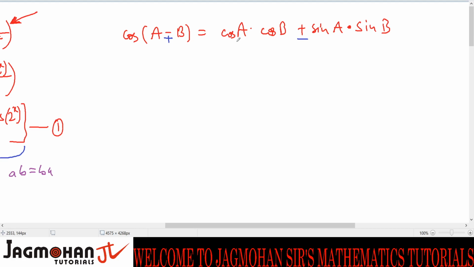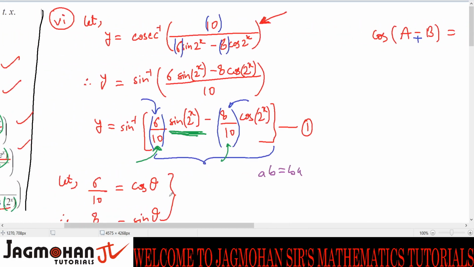So what do we see here? That in order to get the cos formula, we should have both cos and both sine, unlike the sine formula, where you had one sine and one cos. Since outside it was sine inverse, I deliberately wanted the sine formula inside. Deliberately I tried to have one sine and one cos. So I put 6 by 10 as cos theta.